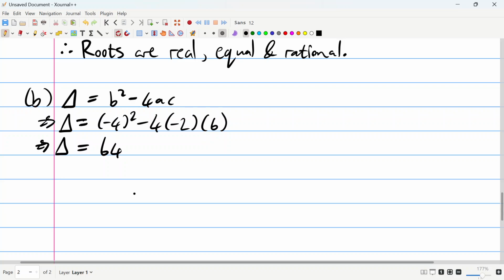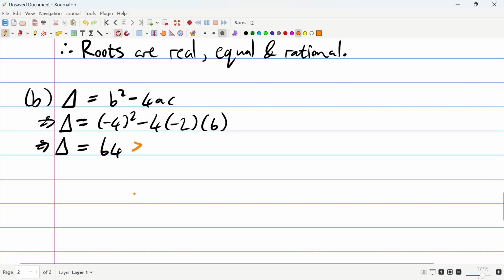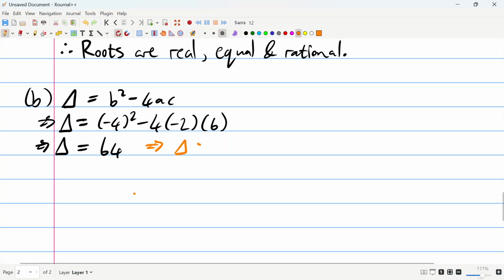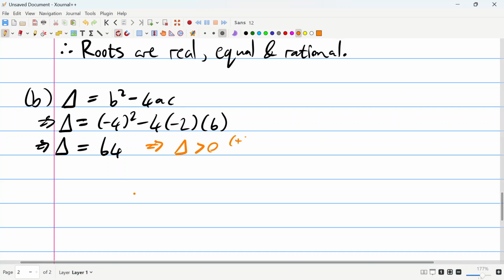And notice that this value is greater than 0, meaning the discriminant is greater than 0. It is positive, okay? However, is it a perfect square or is it not a perfect square? Because there's two conditions. Because it's a perfect square, it's 64, that's 8 times 8.